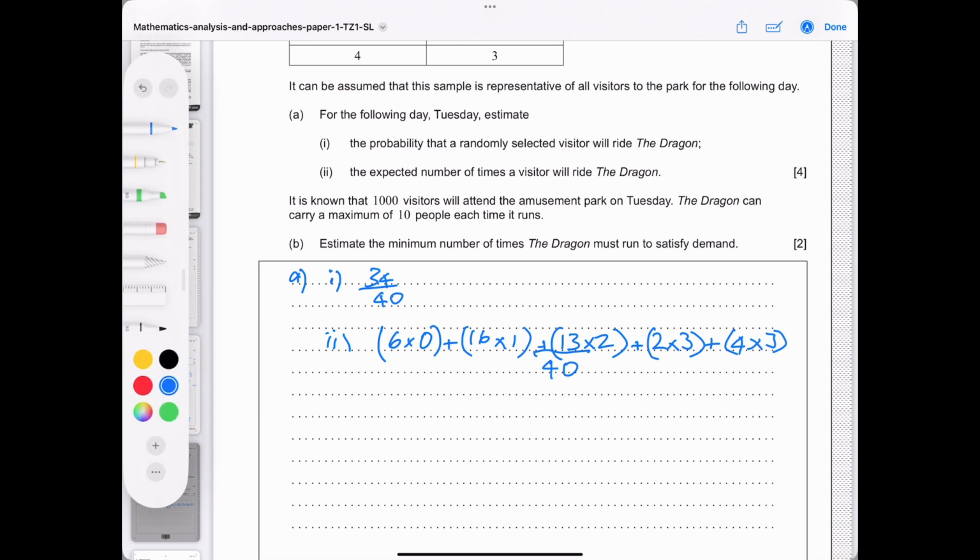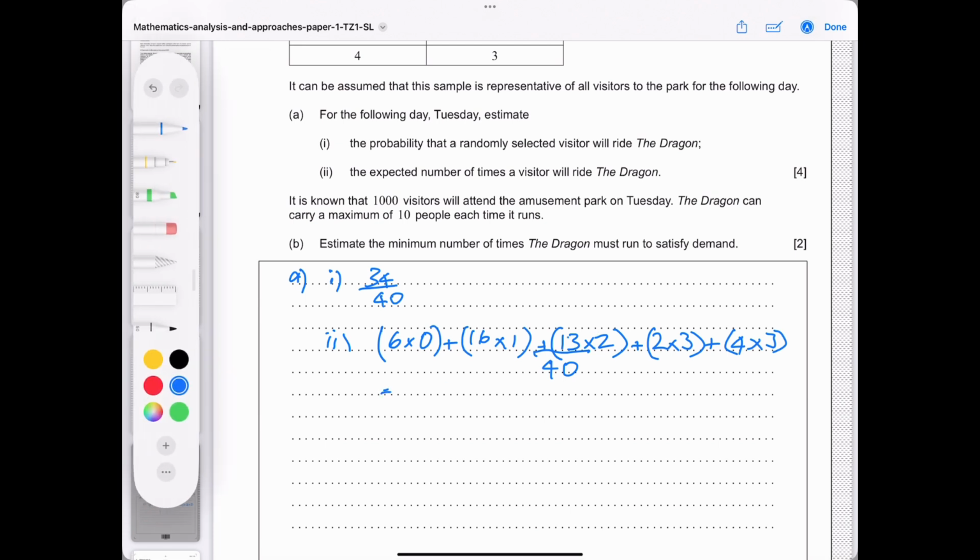I know you can put this into a calculator, but let's just do this. So 26 plus 16 is 42, 48, 60 over 40. So the answer is 3 over 2 or 1.5.